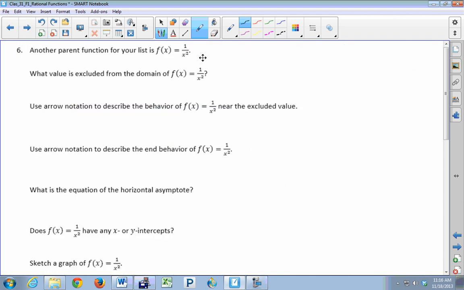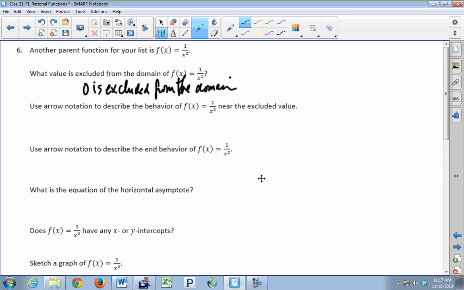1 over x squared. Okay, so what value is excluded from the domain here? 0. So 0 is excluded from the domain, just like it was with 1 over x.